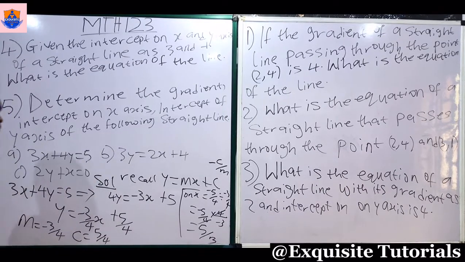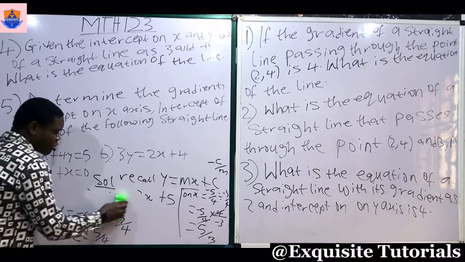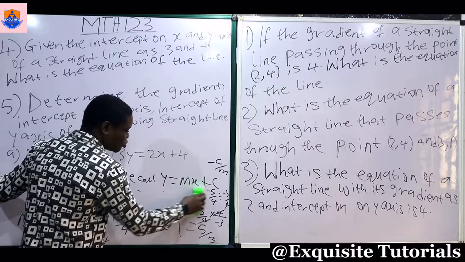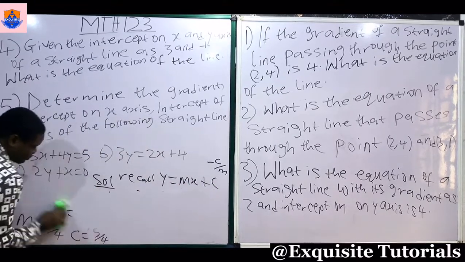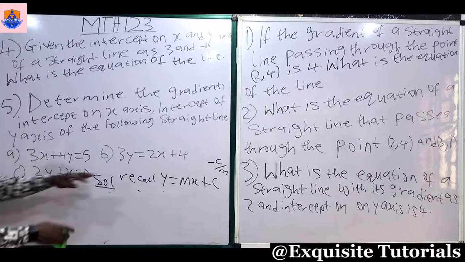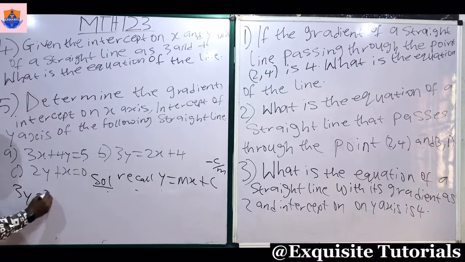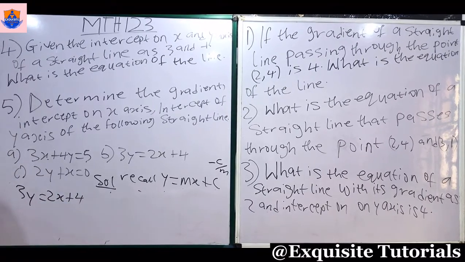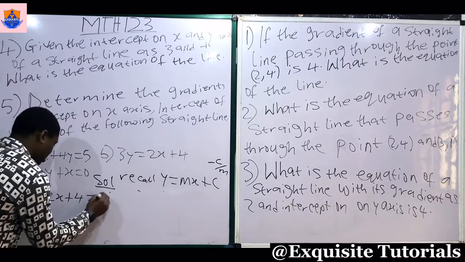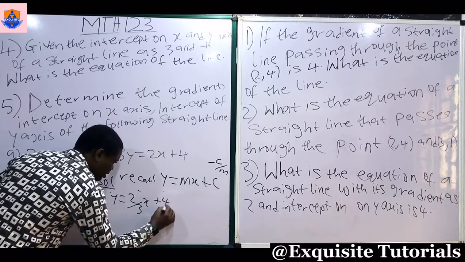The second line is quite easy. They have separated y for us, so it's just for us to do a little manipulation there. Since we want this equation to be of this form, we have 3y equals 2x plus 4. If I divide through by 3, my y becomes 2 over 3 x plus 4 over 3.